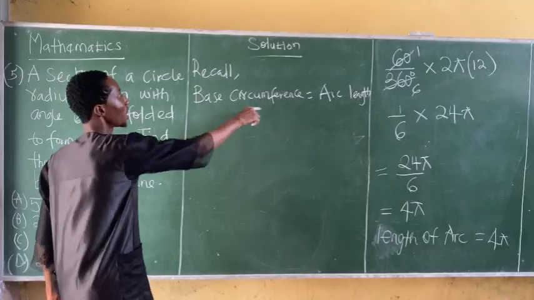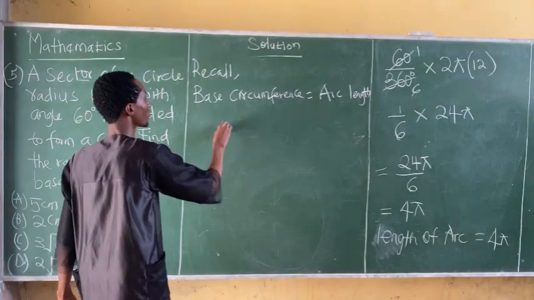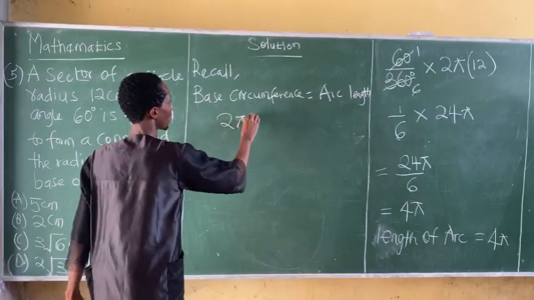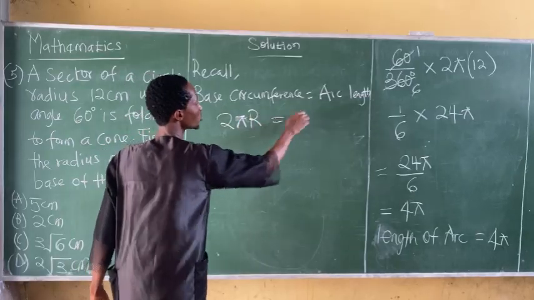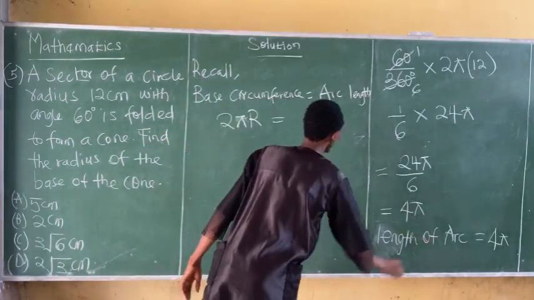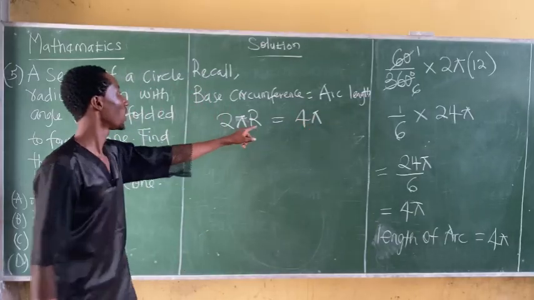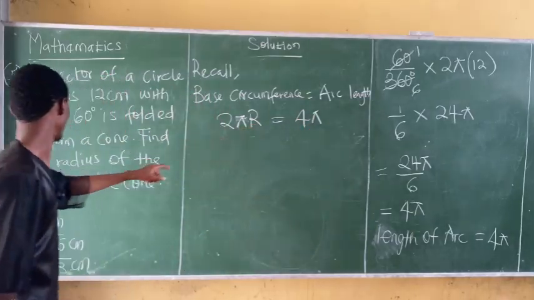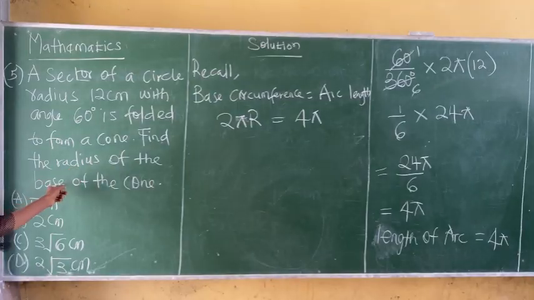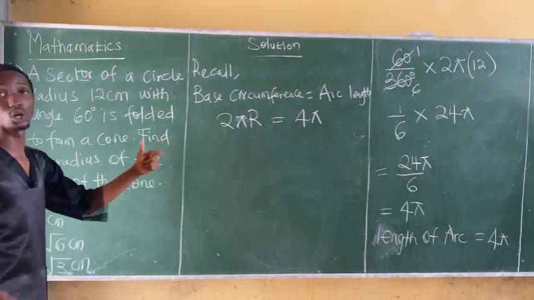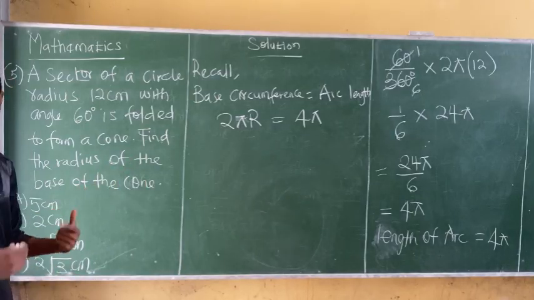So here we have the formula for base circumference is 2 pi capital R is equal to, our arc length here is what? 4 pi. Here, R is the radius of the base of the cone, which they said we should find from the question.